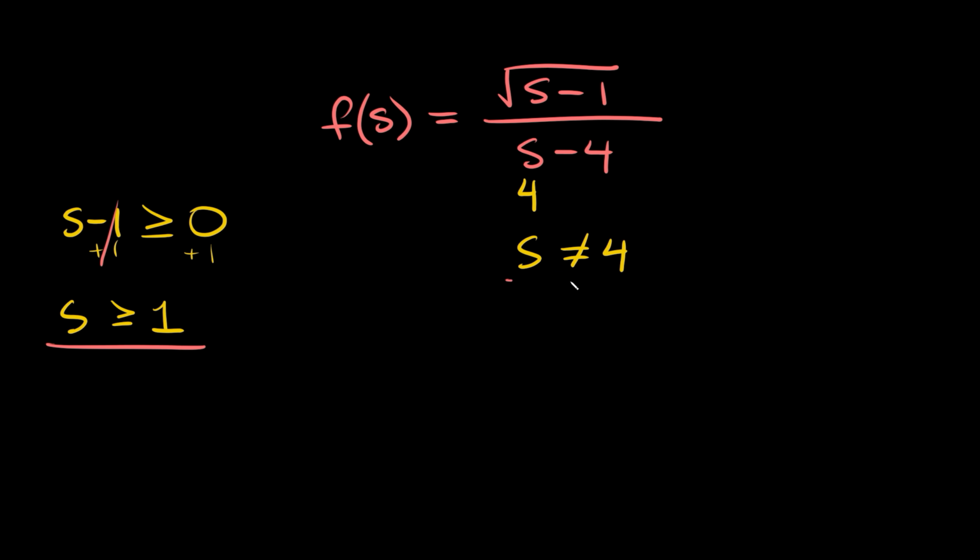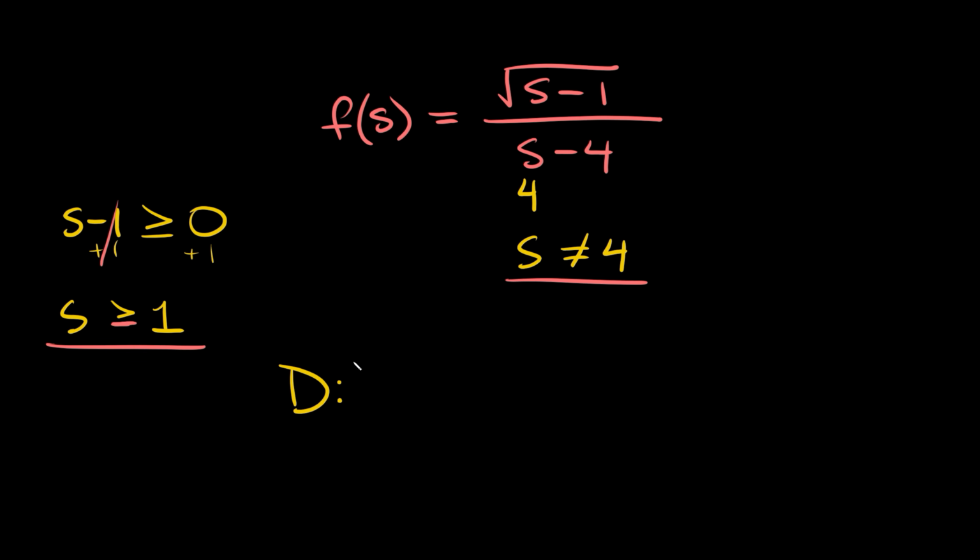So there's two kind of conditions that we have to take into account here, right? S has to be greater than or equal to positive 1, but it can't be 4, okay? So it can be any number greater than or equal to positive 1, but it can't be 4. Okay, so here we can say that the domain, let's see, what's the smallest number that our domain can be equal to? Well, it would be positive 1, right? And we're gonna include positive 1, right? Because we have our equal to symbol right there.